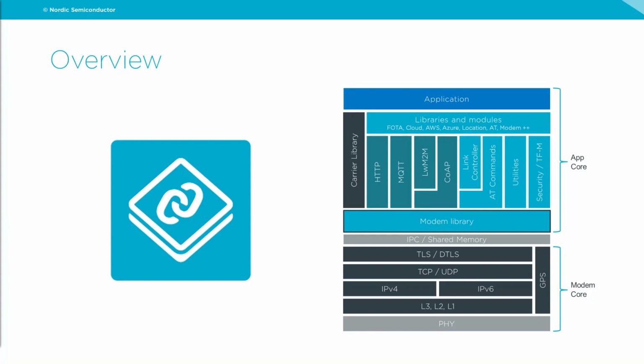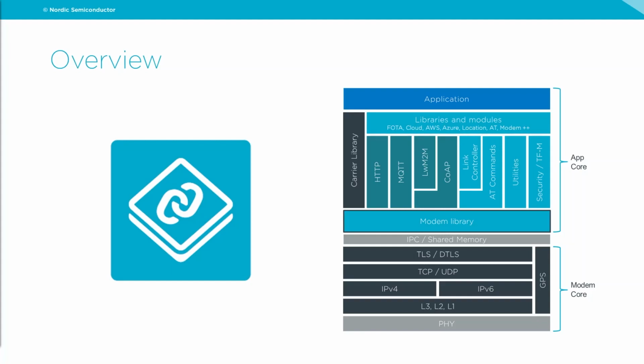Starting from the bottom, we have the modem firmware responsible for LTE-M stacks, narrowband IoT, and GPS. It is a closed source precompiled image that you can download from nordicsemi.com, and it handles everything up to and including TLS and DTLS.